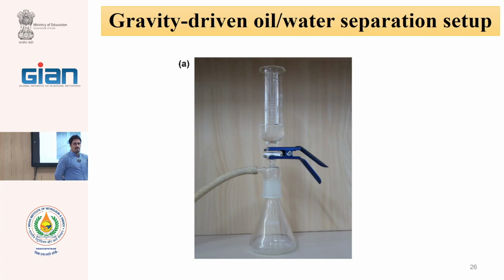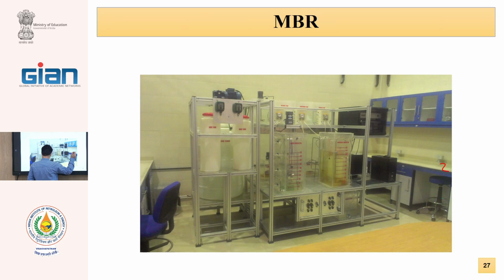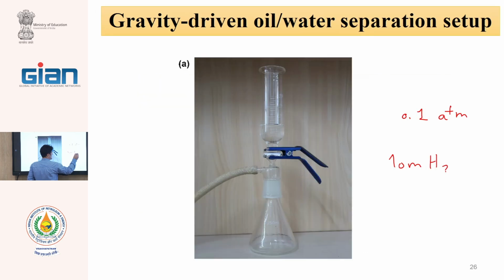When we have 1 meter height of water, 1 meter, this is equal to 1.01 atmosphere. 10 meters of water is 1 atmosphere. Okay, you know.